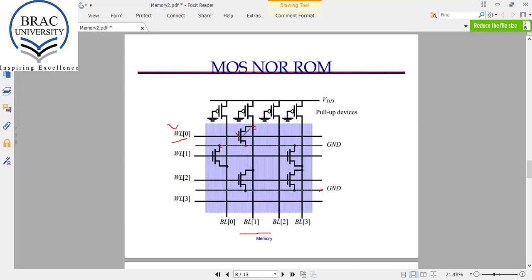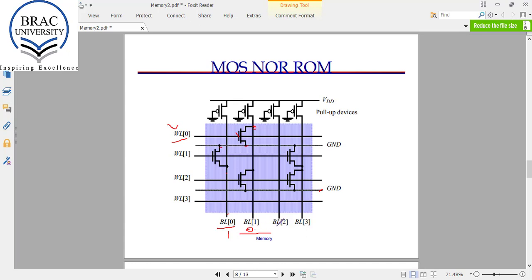Otherwise, the voltage at this point will be 1, because when WL0 is on, WL1 is off. So this transistor will not turn on, and this line will not be connected with the ground. So as this line is connected with a pull-up device, the value of BL0 will be 1, but the value of BL1 will be 0.